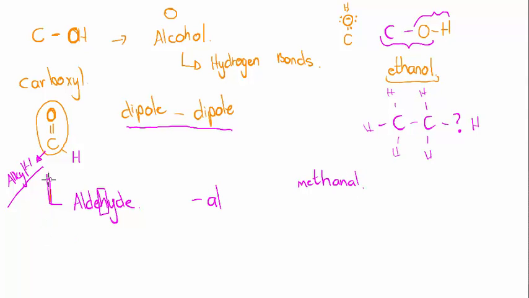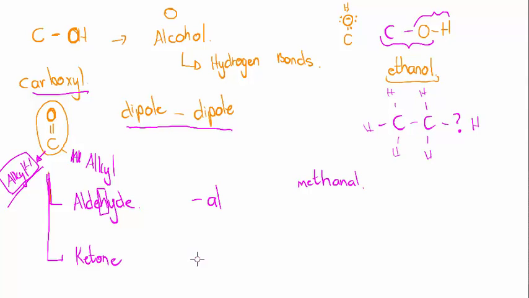The next one that we can have is if this is an alkyl group and that is an alkyl group. The carboxyl for an aldehyde is on the end. That's the difference. For a ketone, it is somewhere in the middle. Does that make sense?